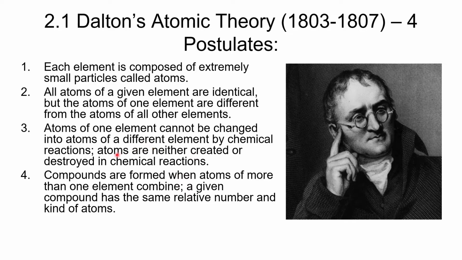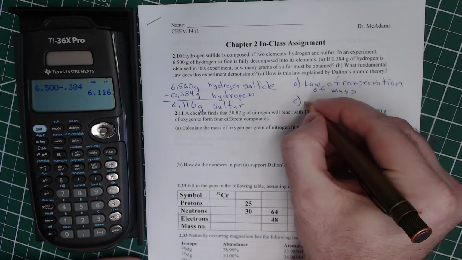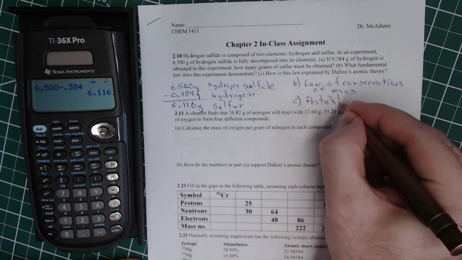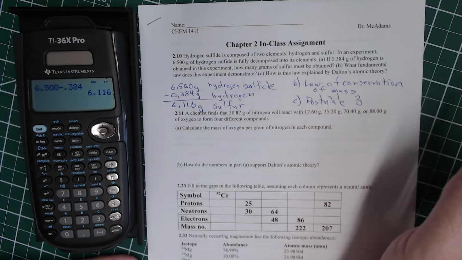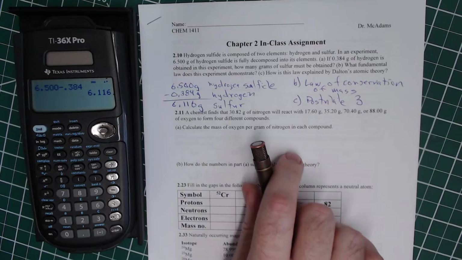Postulate 3 says atoms are neither created nor destroyed. And since atoms are not created or destroyed, the law of conservation of mass must be true. So I'm going to come back over here, and we will write postulate 3. And that, again, is just a statement of the law of conservation of mass.